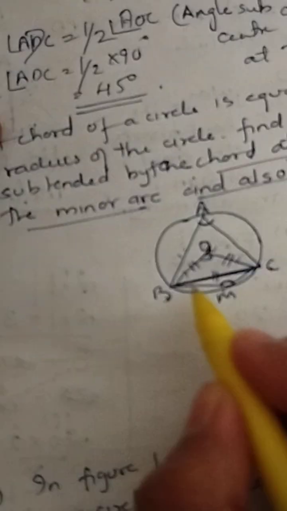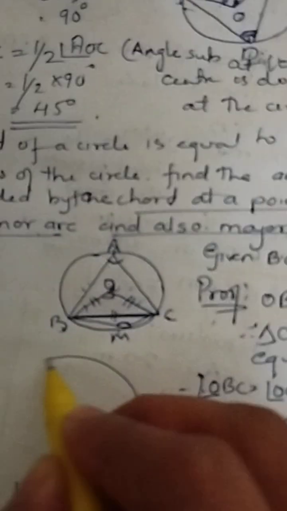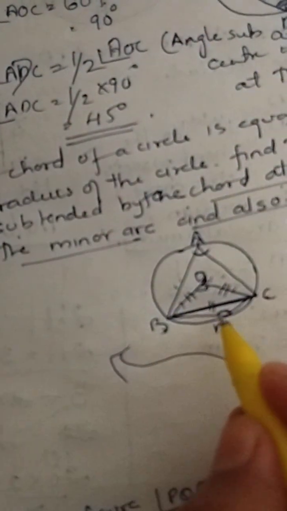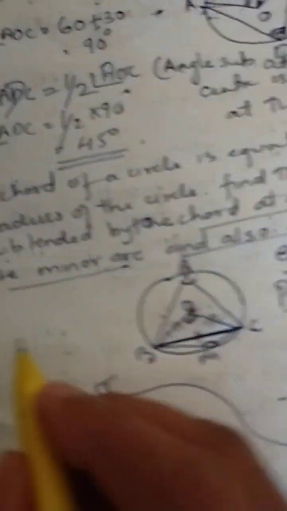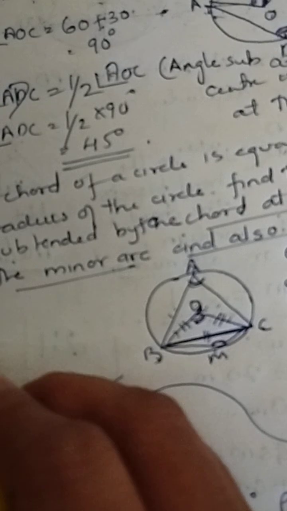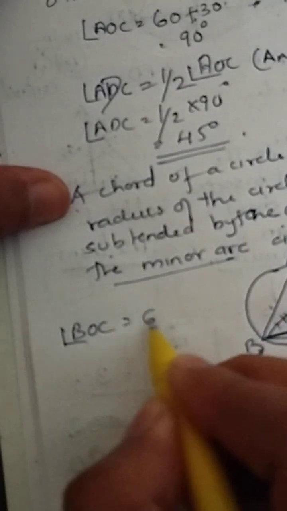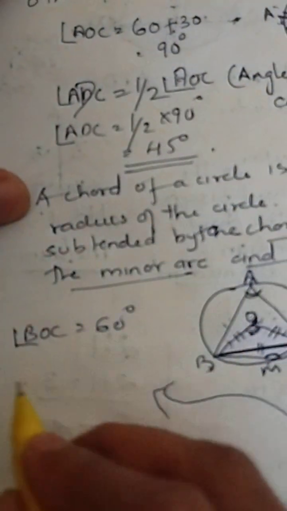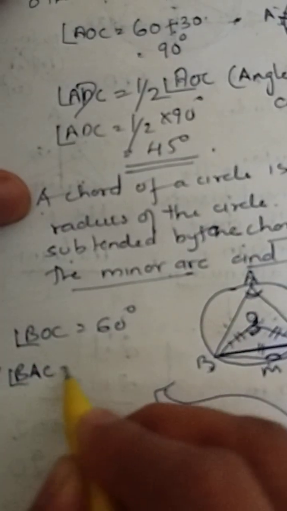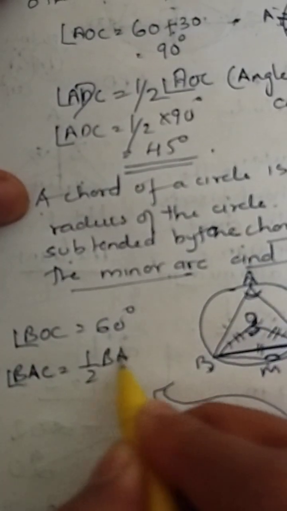Now, we'll come to the next part here. Therefore, what do you say of angle BOC and BAC now? Angle BOC is equal to 60 degrees. Therefore, angle BAC is half of angle BOC.